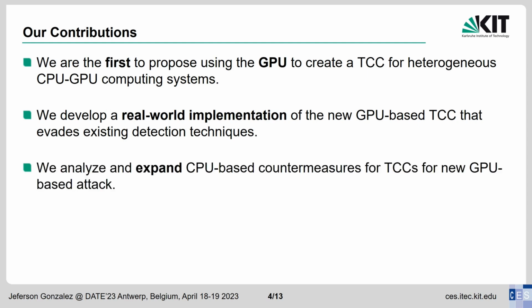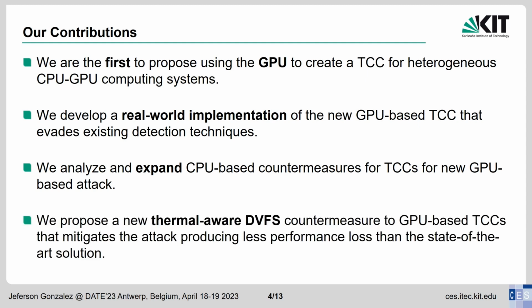We analyze and expand current CPU-based countermeasures for thermal covert channels to tackle the new GPU-based attack and measure their performance impact on other applications. Finally, we propose a new thermal-aware DVFS countermeasure to GPU-based thermal covert channels that mitigate the attack while producing less performance loss than the state-of-the-art solution on a set of compute-intensive GPU benchmark applications.